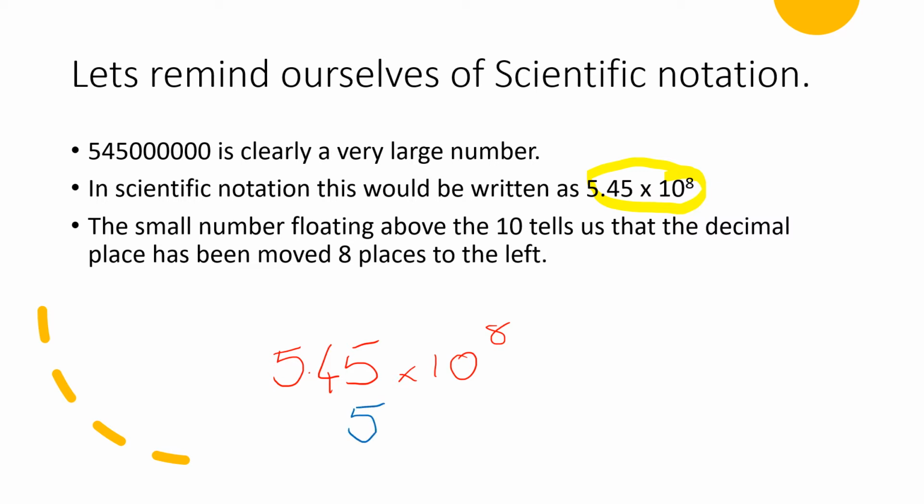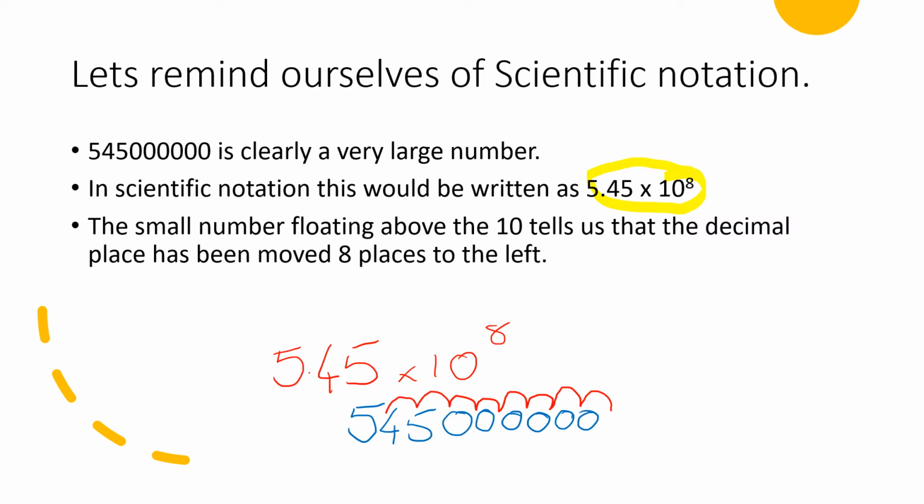We've got 5, 4, 5, 0, 0, 0, 0. Originally our decimal place is here, but invisible. So we've put that in, and to make this manageable, we'll count 1, 2, 3, 4, 5, 6, 7, 8.